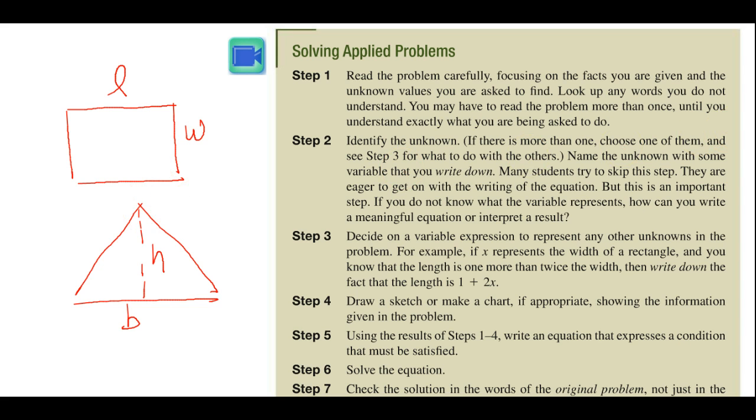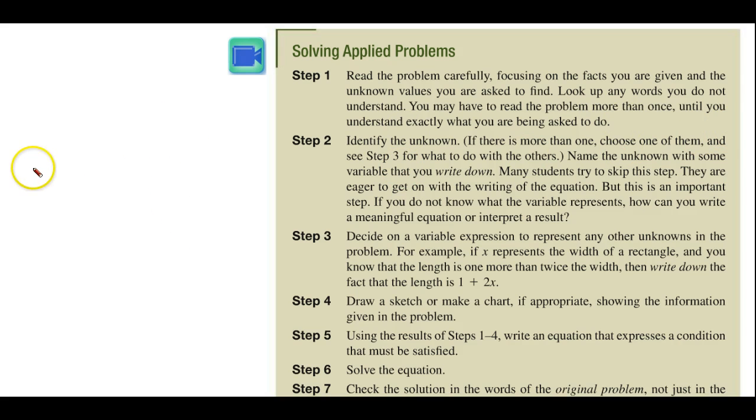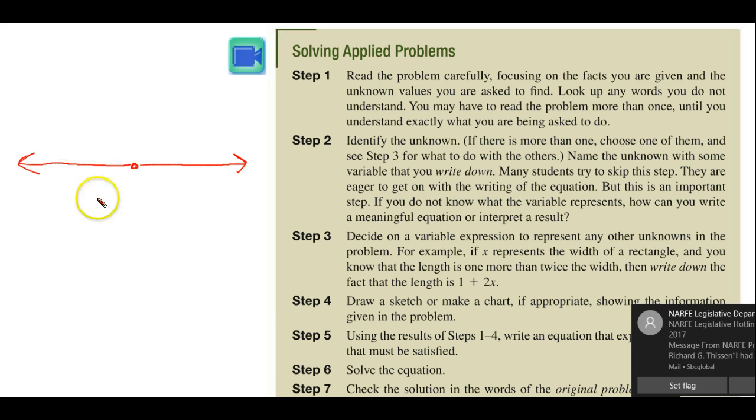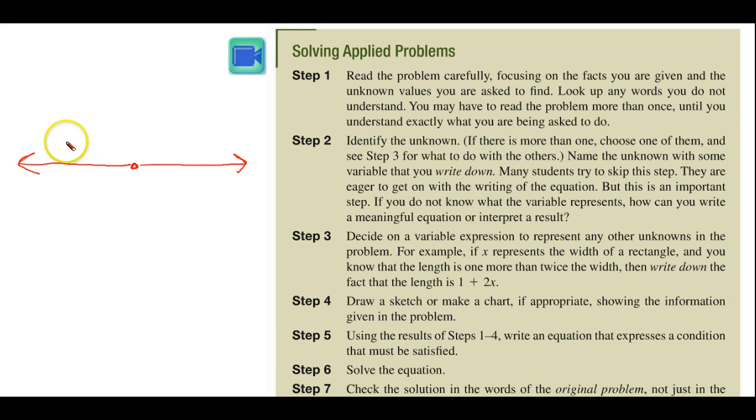Or if it's distance, you might say, well, it's so much this way, and they're going that way, and others are going this way, and this one is doing 30 miles per hour, and this one's doing 40 miles per hour, they're going to be 150 miles apart, as you start putting in material.